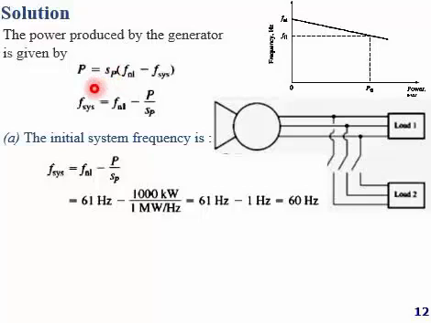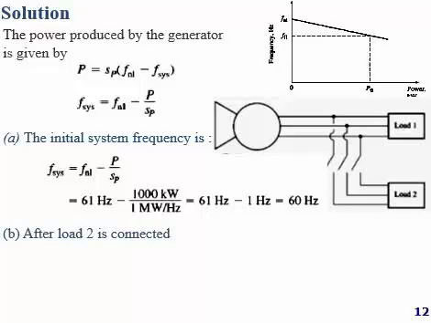So by this formula we can find the value of Fsys if we know the other three values. In the first part we insert the three given values and get the result as 60 Hz. So the frequency of the system would be 60 Hz when there is no second load connected.